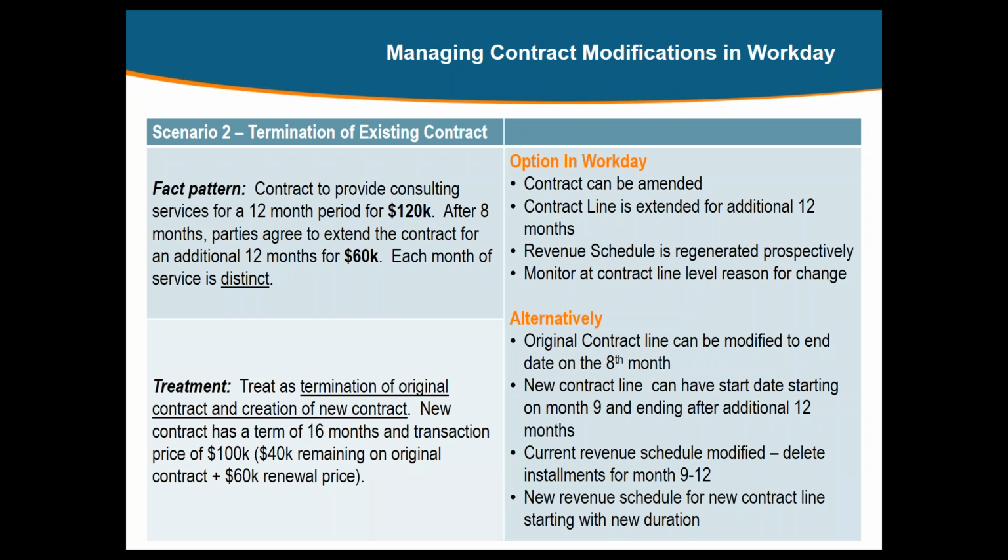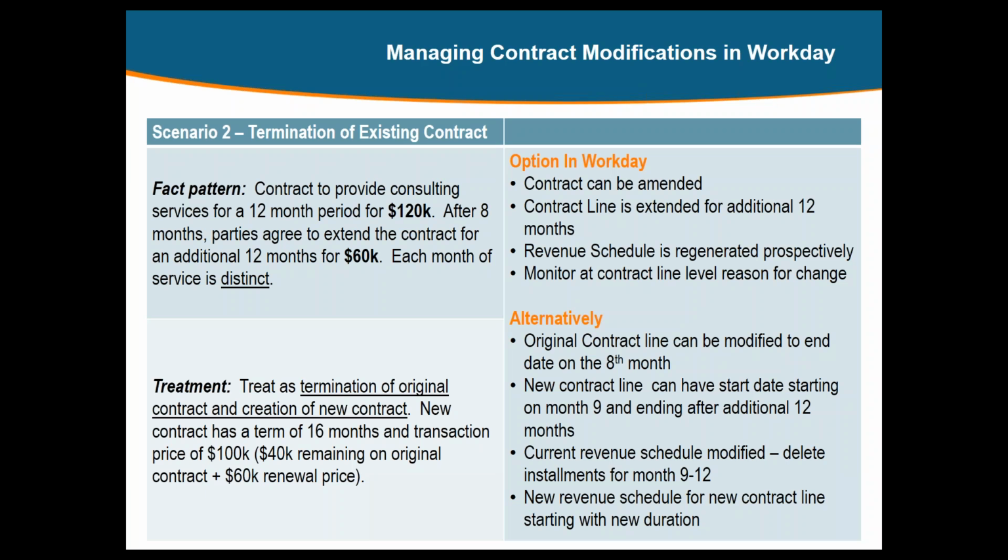So you already have a contract line, you can end date it using the start and end date for that contract line. And then on the same contract, you can add a new contract line with new start and end dates for the duration of the 16 months to which you're extending the contract. So the current revenue schedule would have to be slightly modified because you're not going to recognize for what you initially intended to.